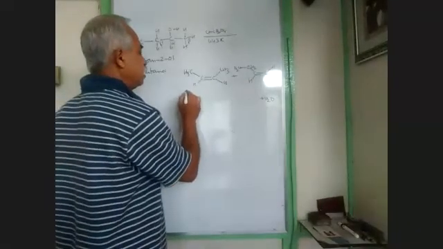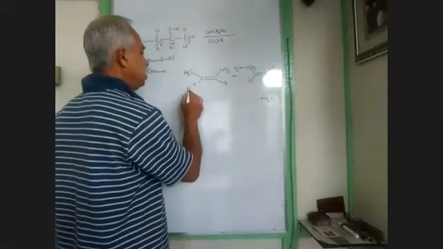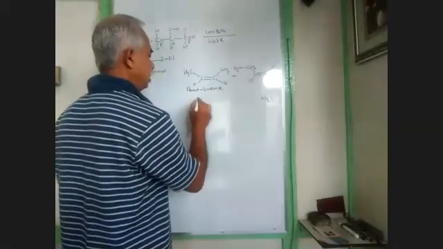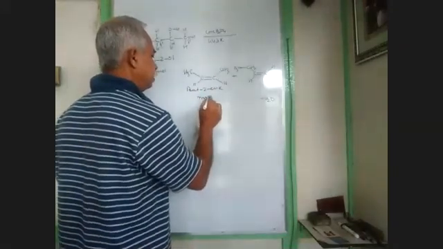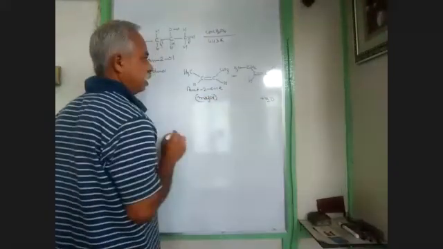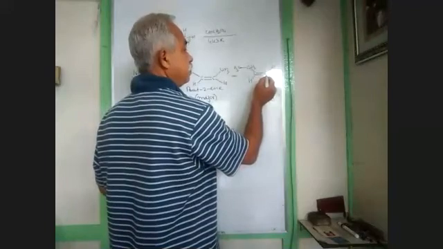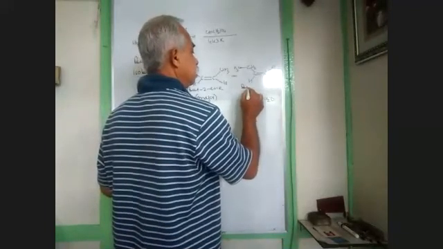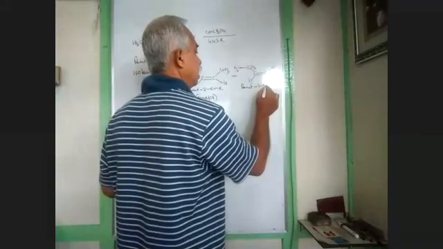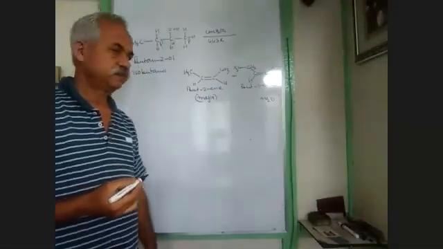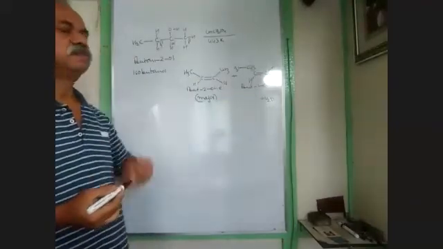I'll write here now. 1, 2. So it is but-2-ene, and this will be major. And here you have a double bond between the first and second carbon, so it is but-1-ene. So this is major and this is minor.